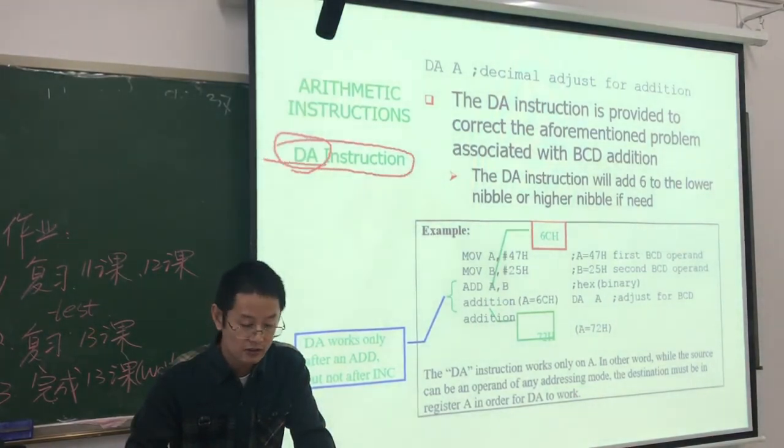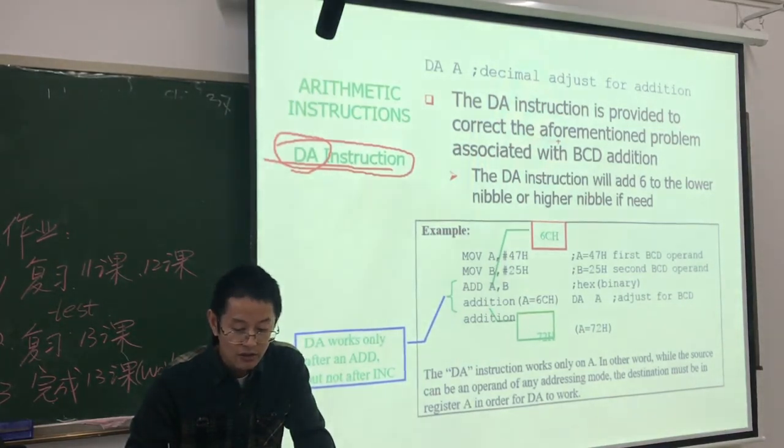The DA instruction is provided to correct the problem associated with BCD addition. The DA instruction will add 6 to the lower or higher nibble if needed.